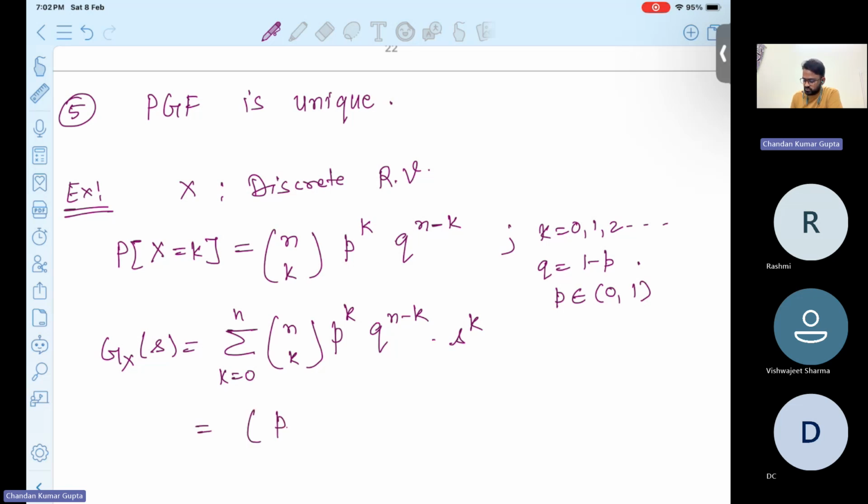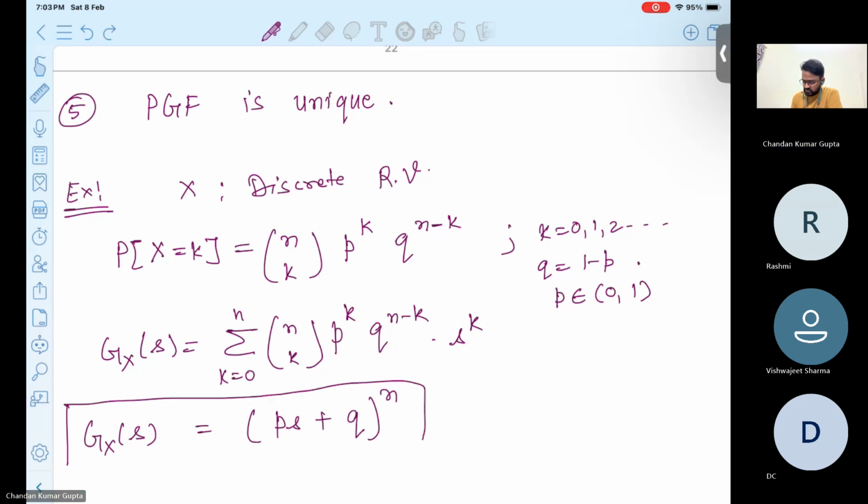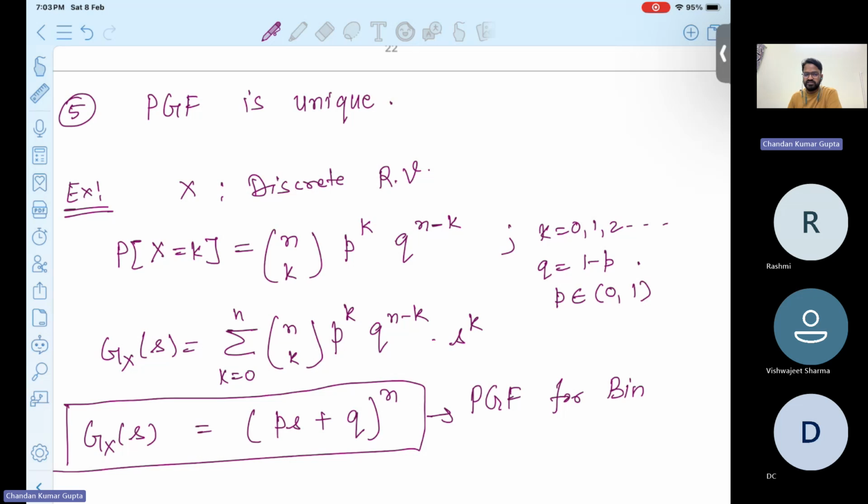So this comes out to be (ps plus q) whole to the power n. So this is the PGF. Actually, this is the PGF for the binomial distribution, which we will discuss, I think, in the 4th or 5th week.